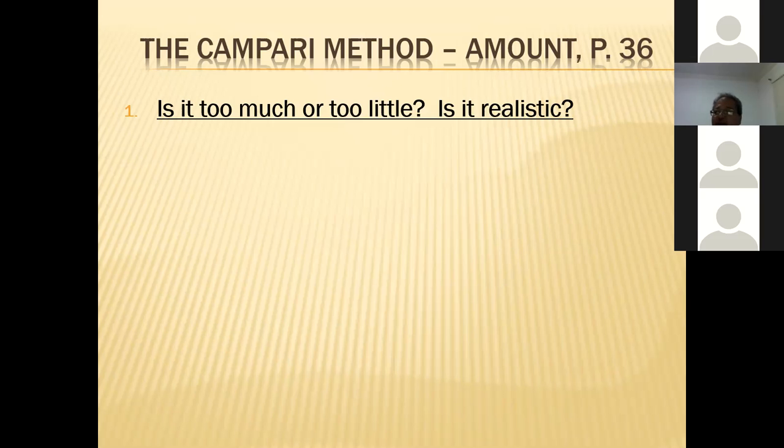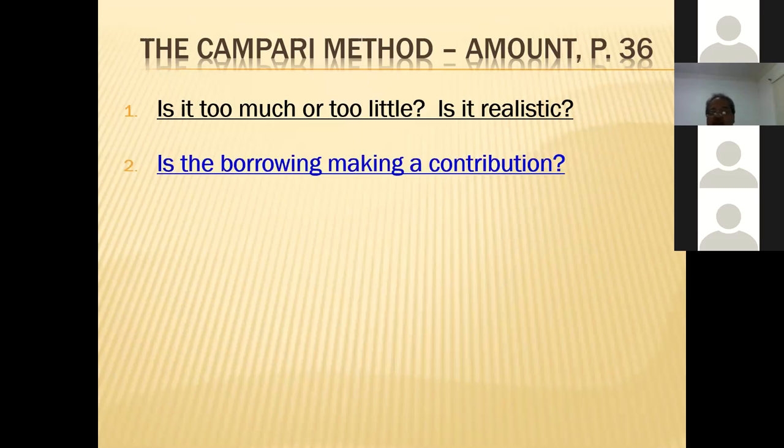Question number two, to fill in the blank, is the borrower making a contribution? It says borrowing, but it should be borrower. Is the borrower making a contribution? Several years ago, the central bank, on consumer loans, from time to time was saying what the minimum contribution ought to be.